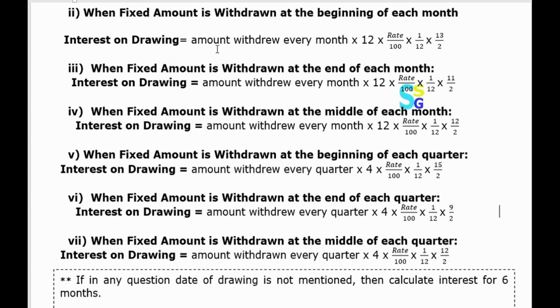Okay. So what is the formula? Amount withdrawn every month into 12, because it has been withdrawn for the whole year, into rate by 100, which you will get in the question, into 1 by 12. Just see, till this 1 by 12, this expression is similar to something you have already learned.